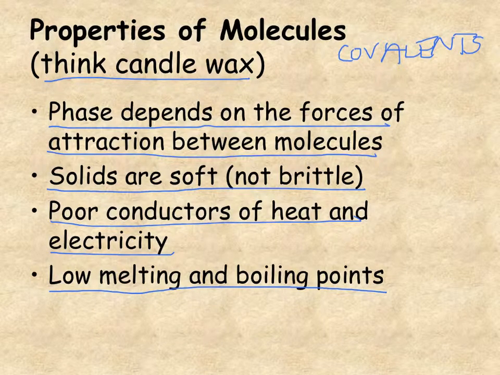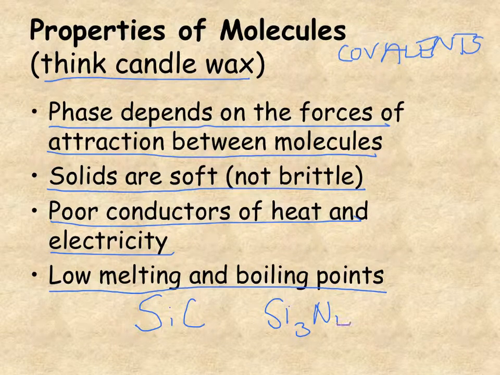And I've worked with two of them. One of them being silicon carbide, and let's just write that down as a compound, silicon carbide, and the other one was silicon nitride. And both of these are covalent solids, and both have covalent bonds throughout them.